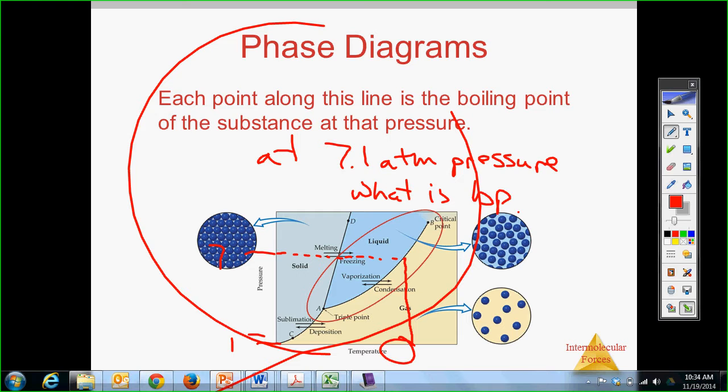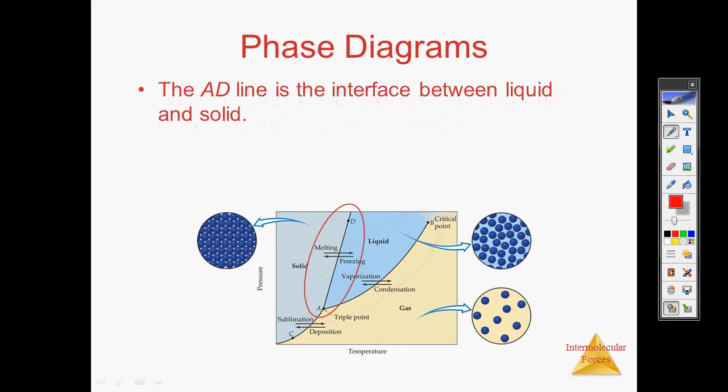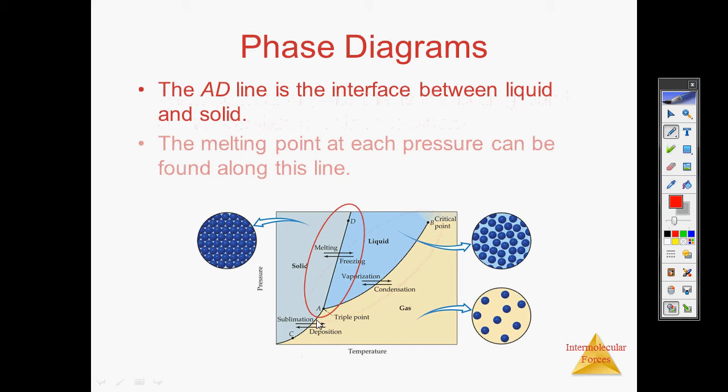All right, so you go over that line, you figure out what it is. If I wanted to do melting point at 6.1, I'd go from this line over to here and then down. That's how you use this graph. The AD line, not the attention deficit disorder line, is the interface between liquid and solid.